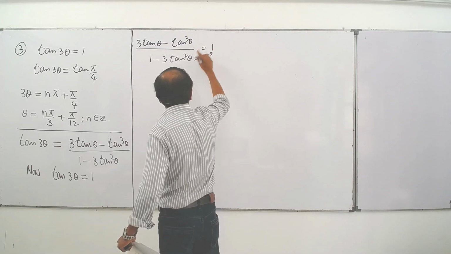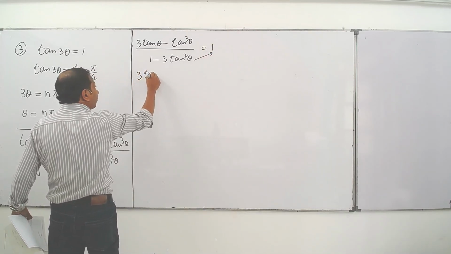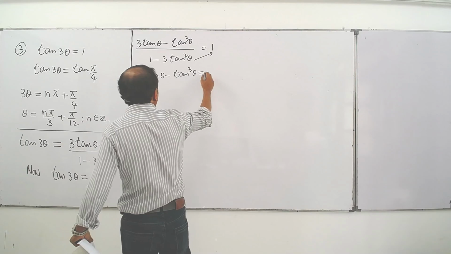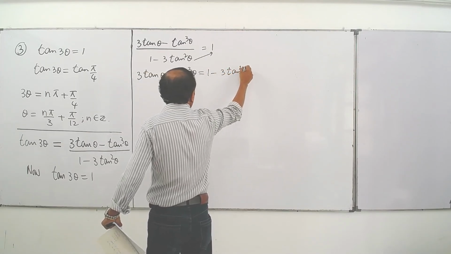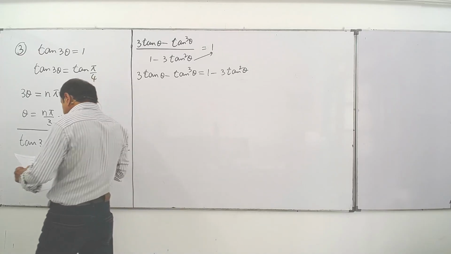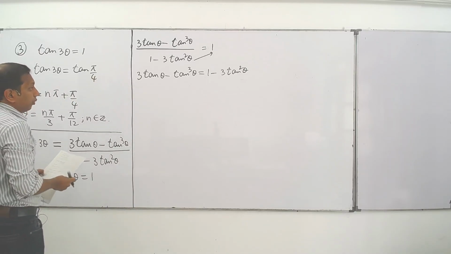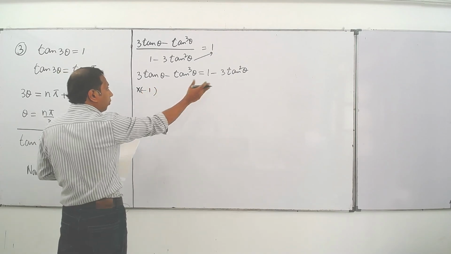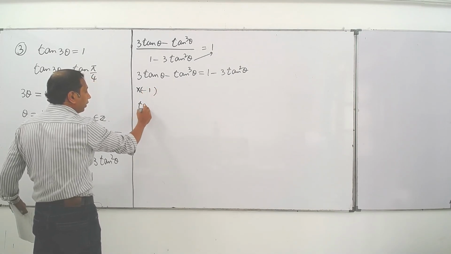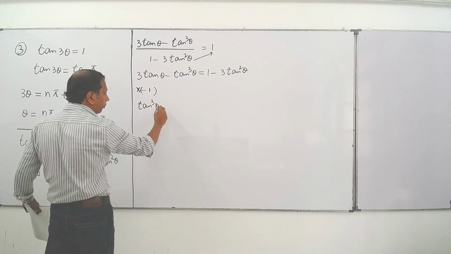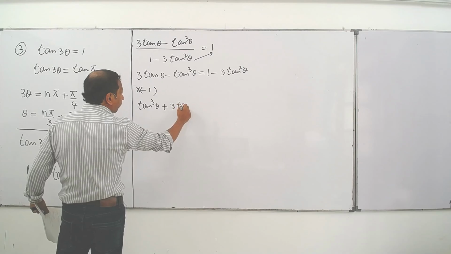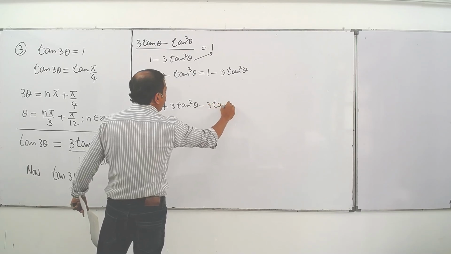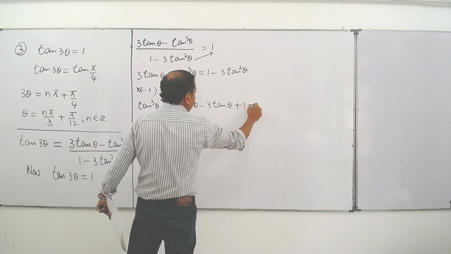Use cross multiplication: 3 tan theta minus tan cube theta equals 1 minus 3 tan square theta. Okay. Now we will multiply this by a minus sign, and meantime take all the terms to the left-hand side. Then here we get tan cube theta plus 3 tan square theta minus 3 tan theta plus 1 equals 0.